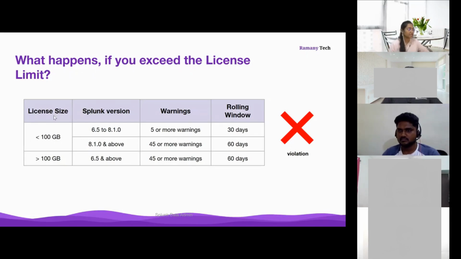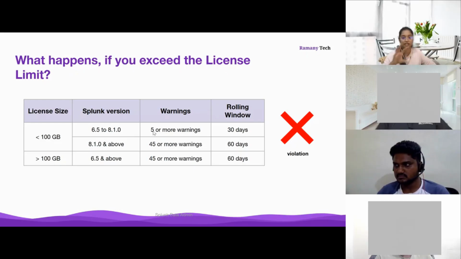Let's say for the license size we have less than 100 GB of data. In that, we have two categories. For Splunk version 6.5 to 8.1.0, if you have exceeded the license limit, for example indexed 110 GB, you will receive a warning.